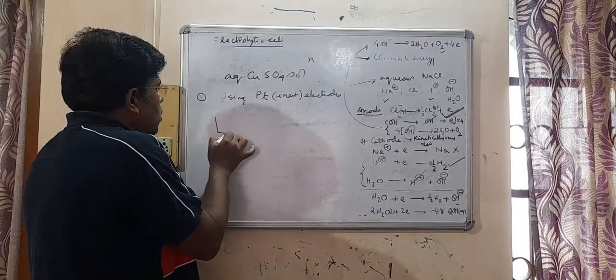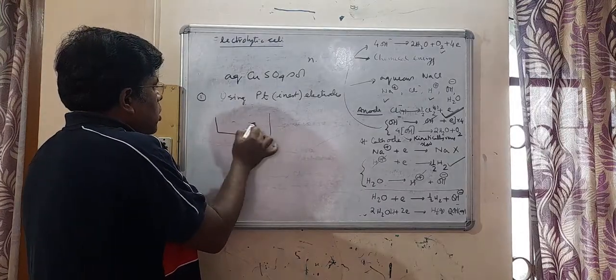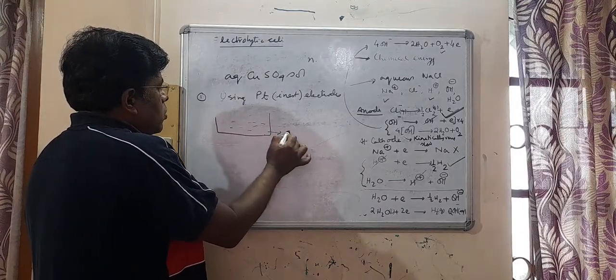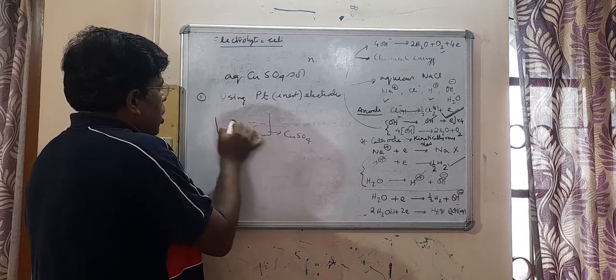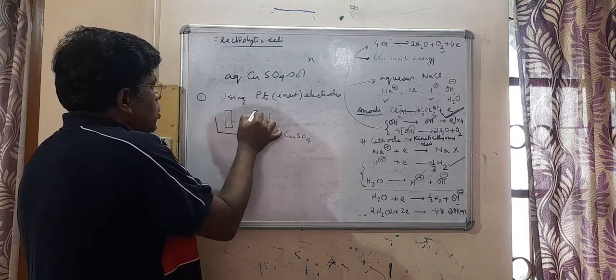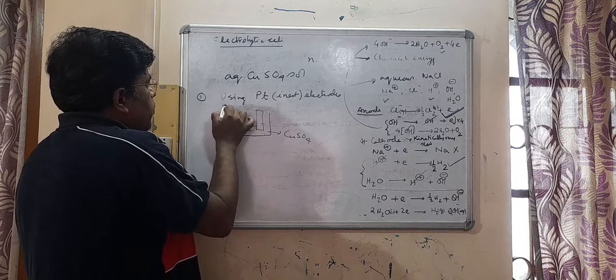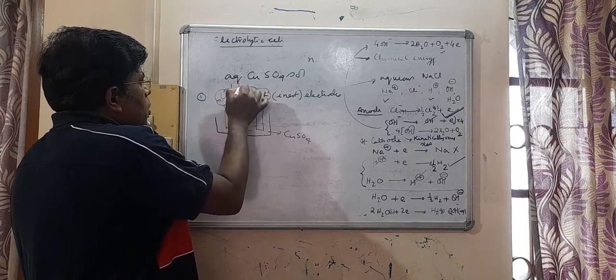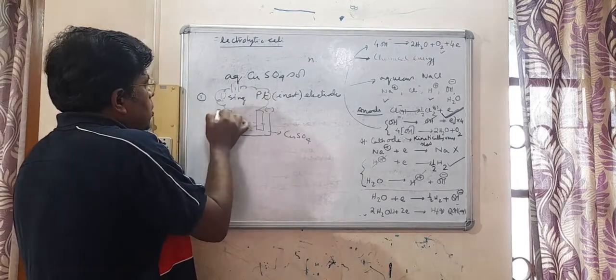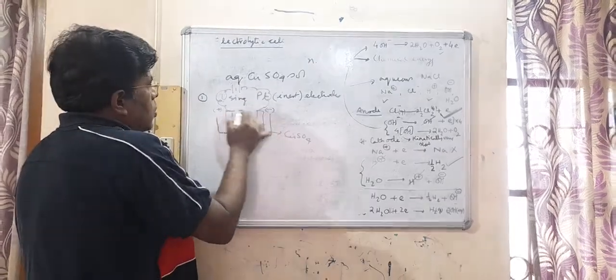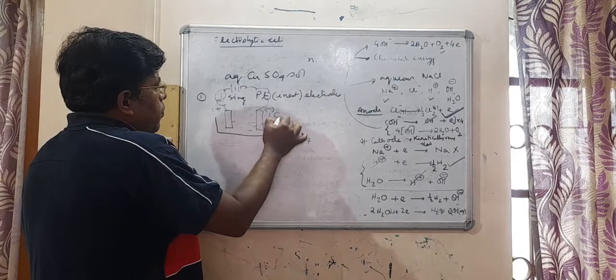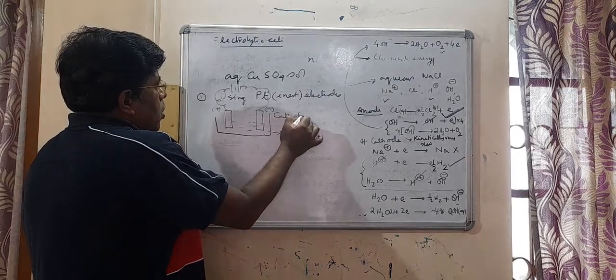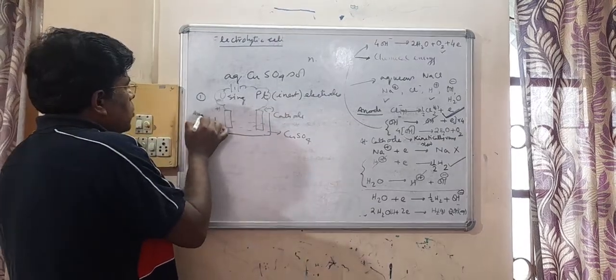So we have here, say, copper sulfate solution, and we have here a platinum rod. This is also a platinum rod, and this is connected to a source of current. So this is minus, this is plus. Minus is called cathode and plus is called anode.